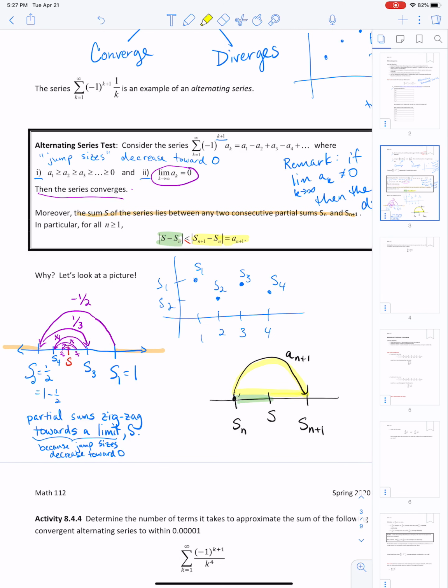The alternating harmonic series that we had up above fits this alternating series test because first of all the terms are alternating, and second of all the terms decrease.